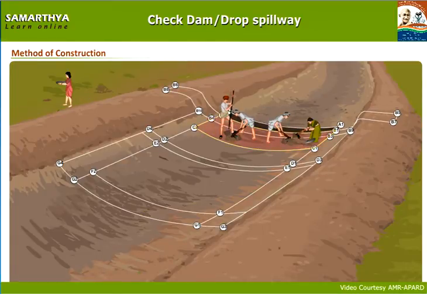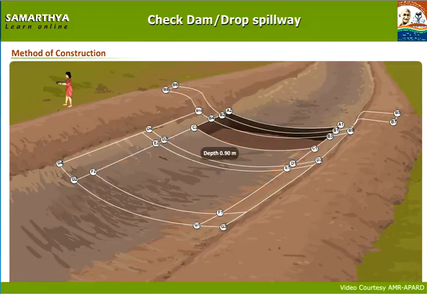Dig at the center of B1, B2, C2, C1 with a depth of 1 foot or 0.30 meters and deposit the excavated soil away.